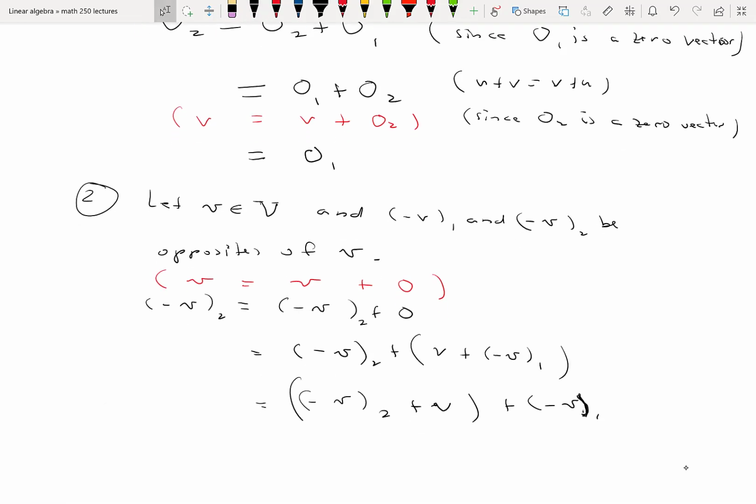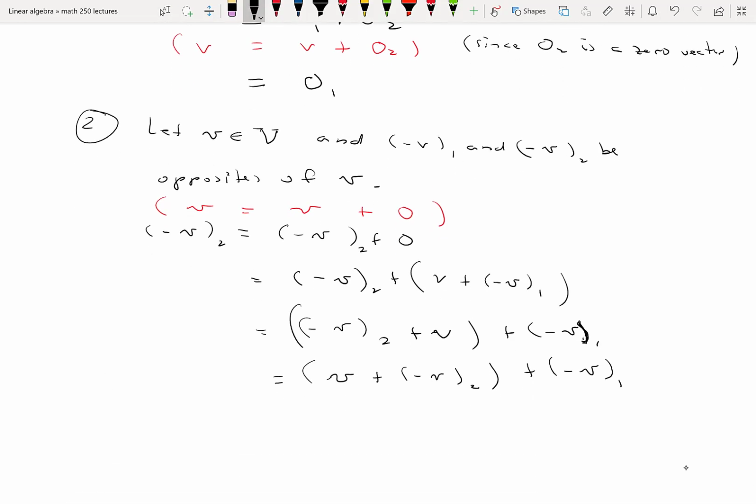I can move parentheses around in vector addition. Well, this is the same thing as V plus the opposite of V2 plus the opposite of V1. Why? Property number 1, the commutative property of addition.